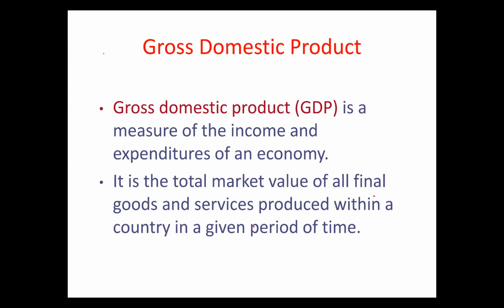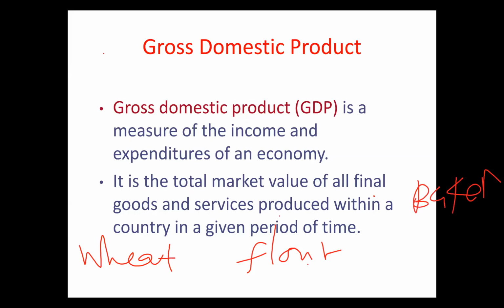There is this farmer. This farmer has wheat. This wheat from the farmer is sold to the miller. The miller will make flour, and from flour we sell to the baker. The baker will make bread.